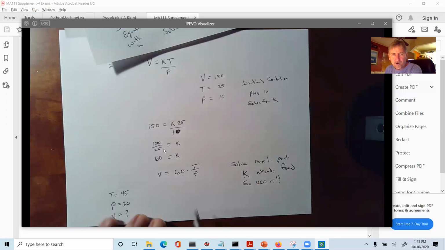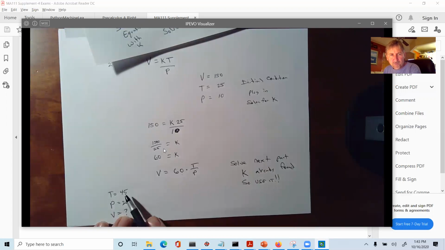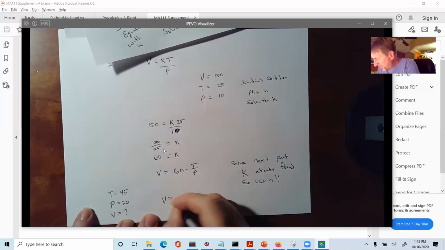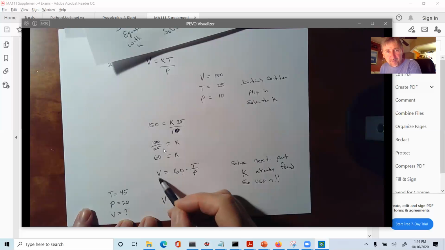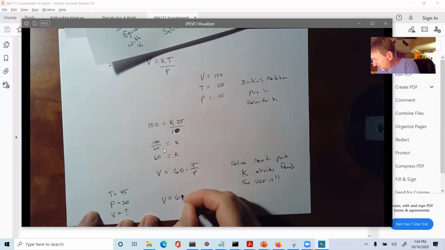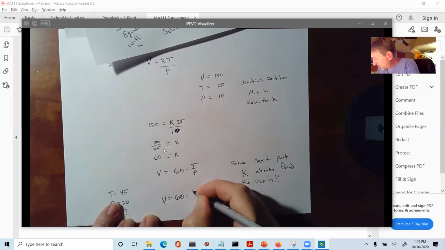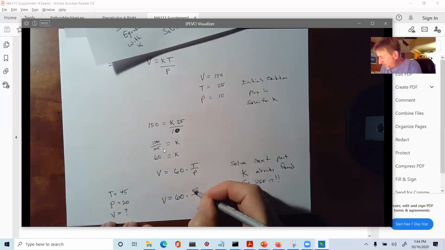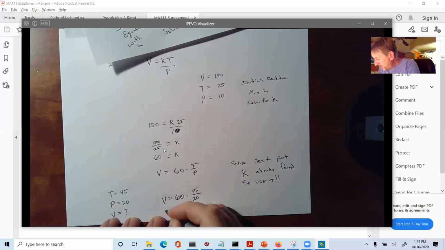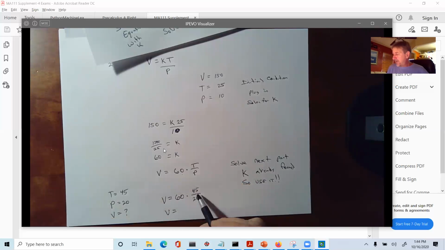Right, so the second part, they tell you the temperature is 45, the pressure is 20, they don't know the volume. Okay, so volume is what we're looking for, but luckily it's already set up nicely. So that's 60 times the temperature, which is 45, divided by the pressure, which is 20. So V equals 60 times 45 divided by 20.